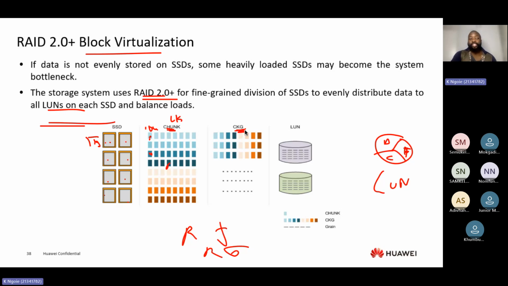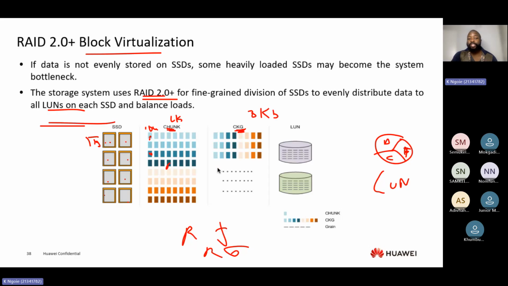Now the CKGs will be divided further into smaller groups again, smaller pieces of maybe 8 or 10 kilobytes.